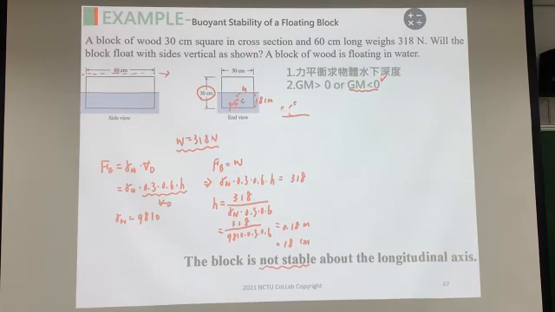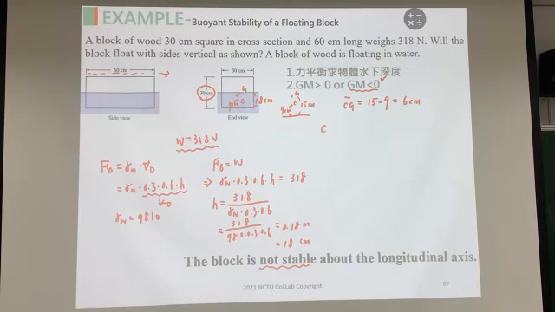The distance between C and the bottom is 9 cm, and here is G. The distance between G and the bottom is 15 centimeters. In that way you can compute the CG distance very quickly. The CG distance is just 15 centimeters minus 9, so the CG distance is 6 centimeters.